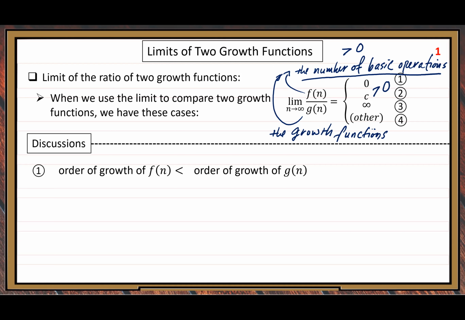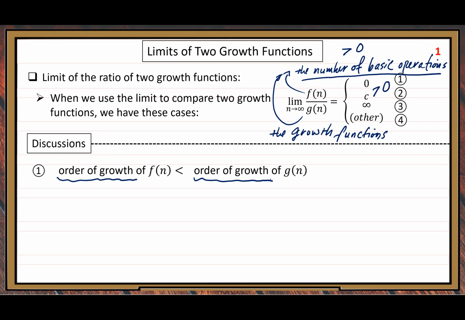Then we use a special term, order of growth concept. If we use the order of growth concept, then our conclusion can be represented in this way. The order of growth of f of n is less than the order of growth of g of n.